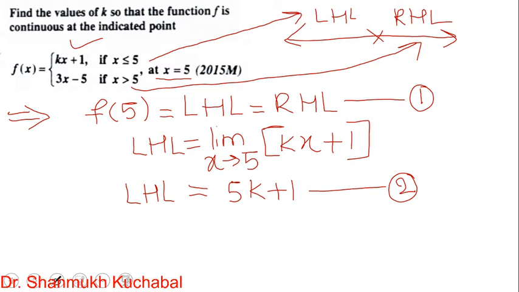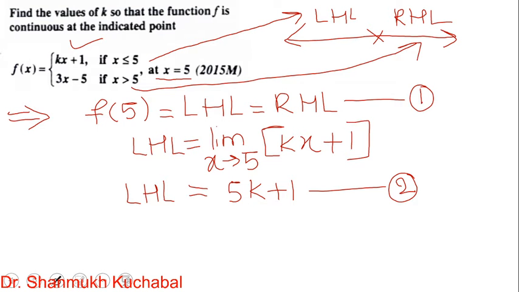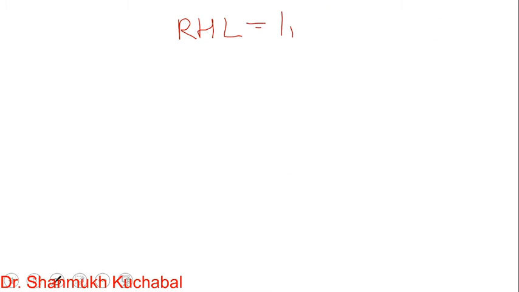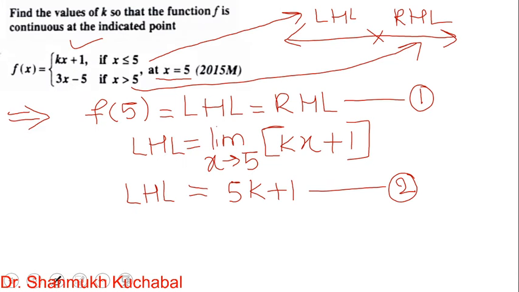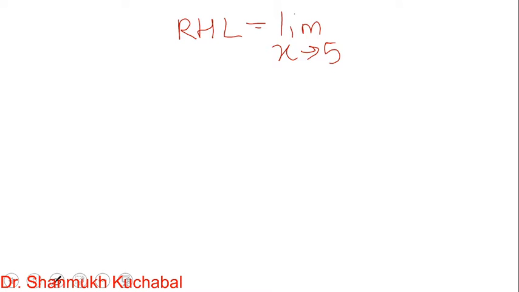Further we'll find RHL. Now we have to define the RHL function. RHL is for x greater than 5, so limit x tending to 5, the function is 3x minus 5.